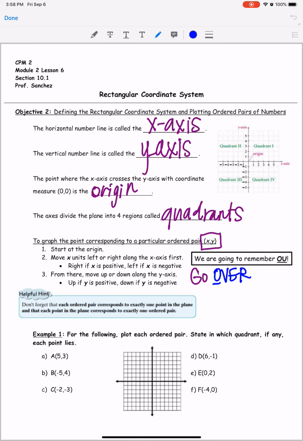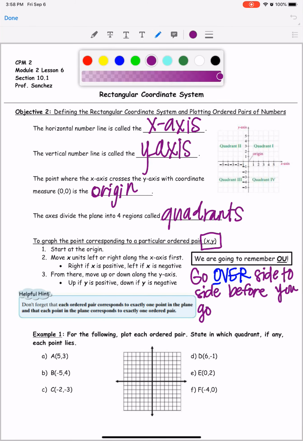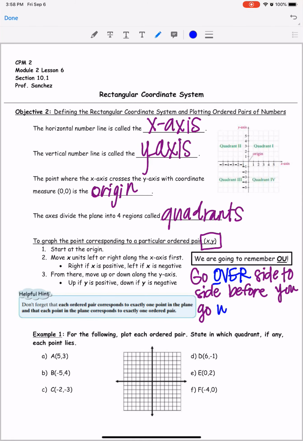You are going to go over side to side before you go up or down. Okay, so that's what I mean by OU. You're going to go over side to side before you go up or down.